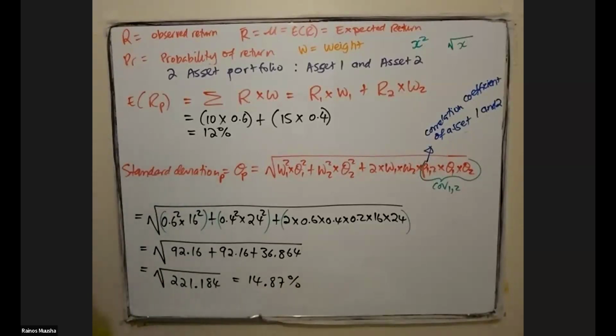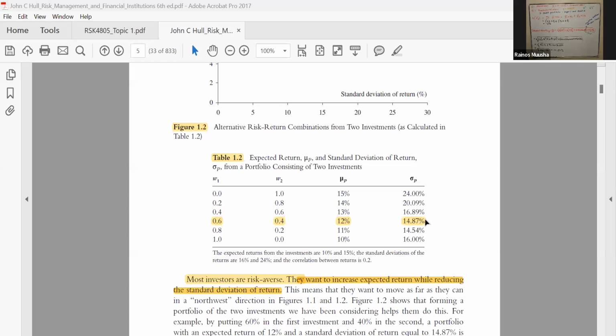Any questions? Anyone lost? So this is how you arrive at the answer that they're demonstrating there, which is 14.87%. Are we on the same page? Any questions? Anyone lost?